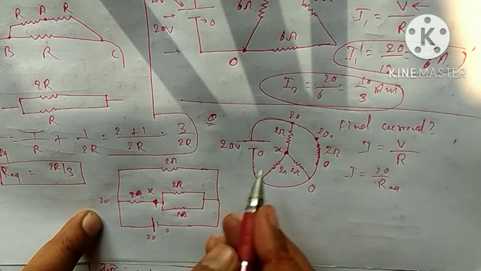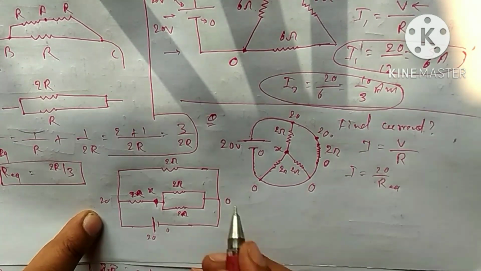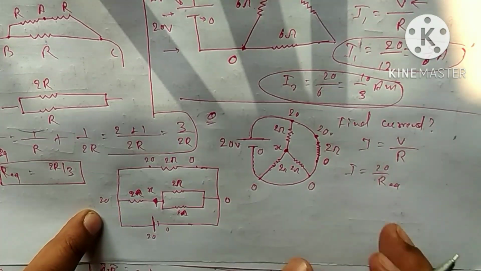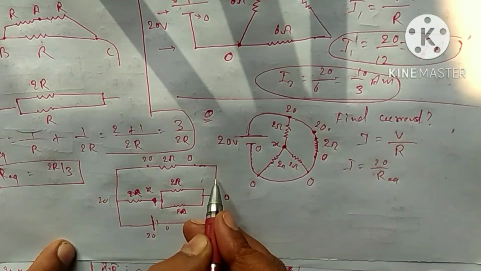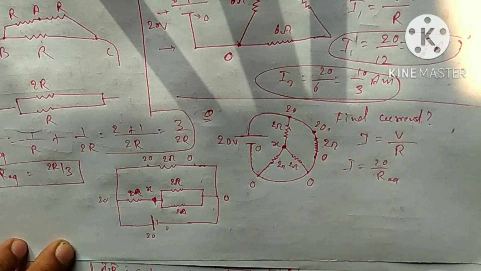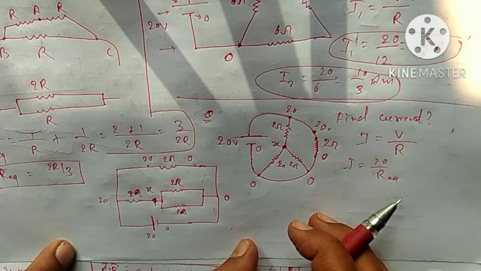These are in parallel. Here is the 0, and here we can take 20 volt. Why? Because in this path no resistance comes, and in this path no resistance comes either.